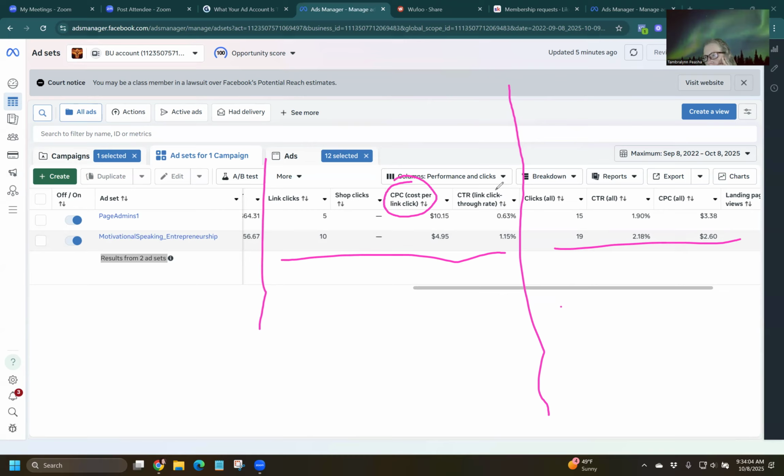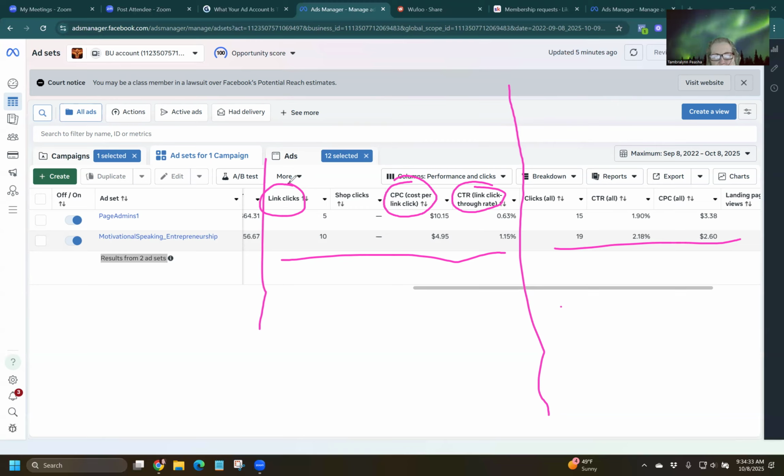CPC, CTR link click through, and link clicks, they're actually the same number. This is them actually clicking the link button, or clicking on the image to go to the place you're sending them. The CTR all is just them fiddling on the ads, clicking like read more, the whole thing.